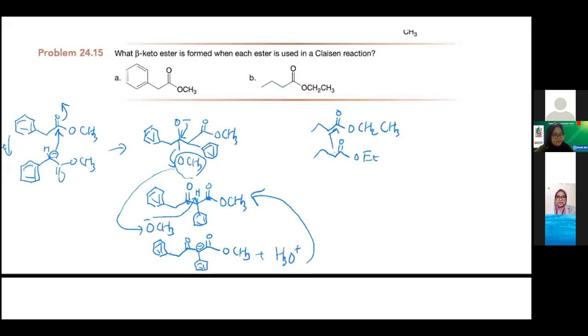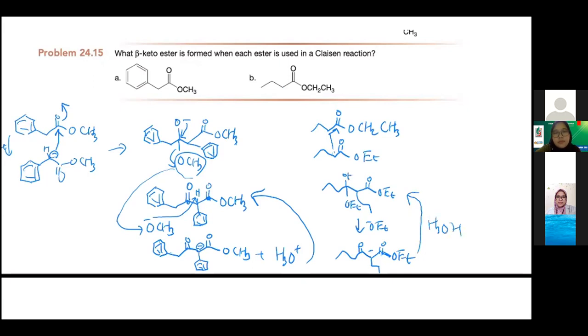It's very easy; when you write it, you can easily understand. Okay, this is a Claisen reaction.